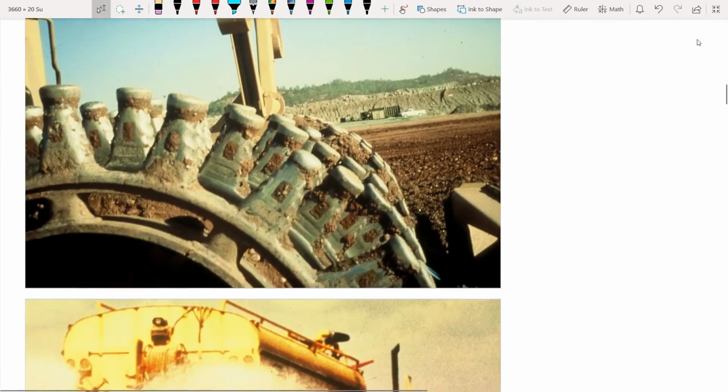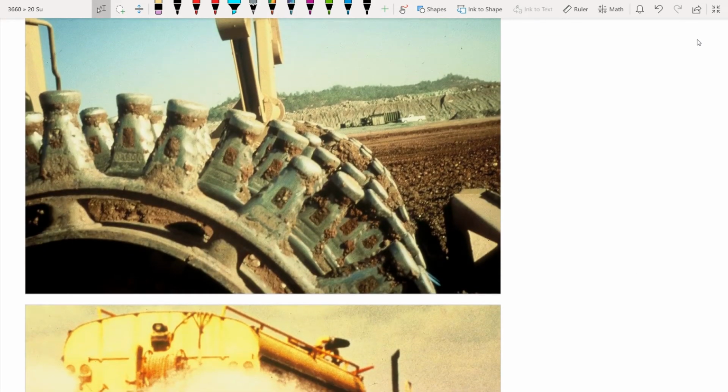Here's a closer look at what happens with those sheepsfoot drums. They act like a hammer as they pass through the soil. So when you compact the soil with the heavy weight of the machines, the topmost layer of soil is being compacted.